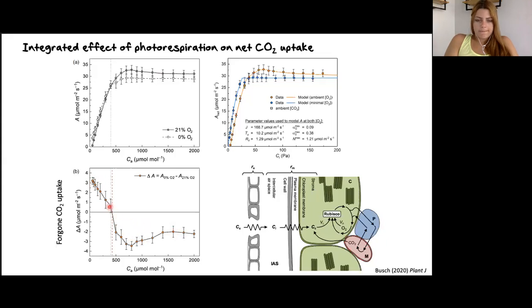And the crossover point is here where that red dashed line is. And that's very close to the dotted line that I hope you can see in the video. This is the ambient growth condition of those plants. So really the plant is sitting right at that spot where photorespiration is not negative, but also not positive.